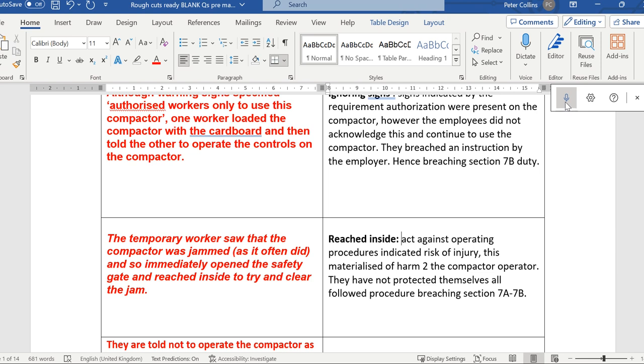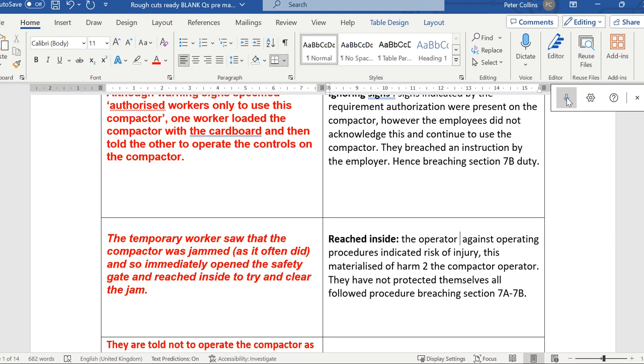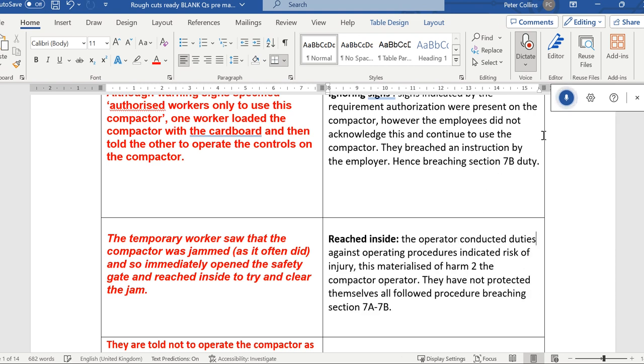So that would read, the operator conducted duties against operating procedures, indicated risk of injury.